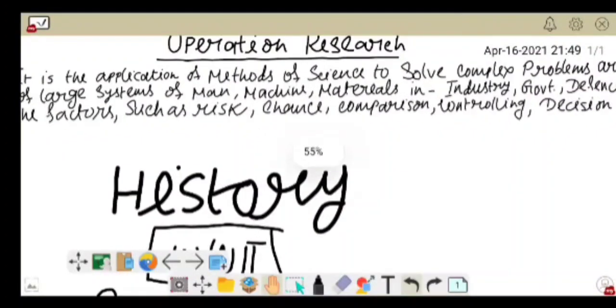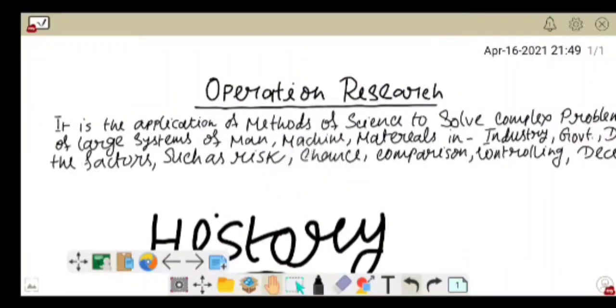the real meaning. Now we will read it again. The real meaning, the definition of this subject. So it is saying that it is the application of methods of science.